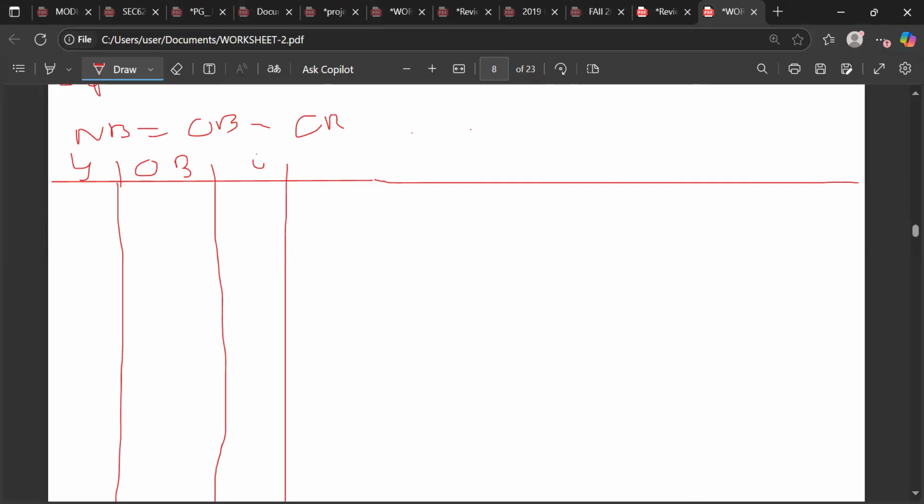Then the installments. Thereafter, we have the capital repaid, and then lastly the closing balance, CB.